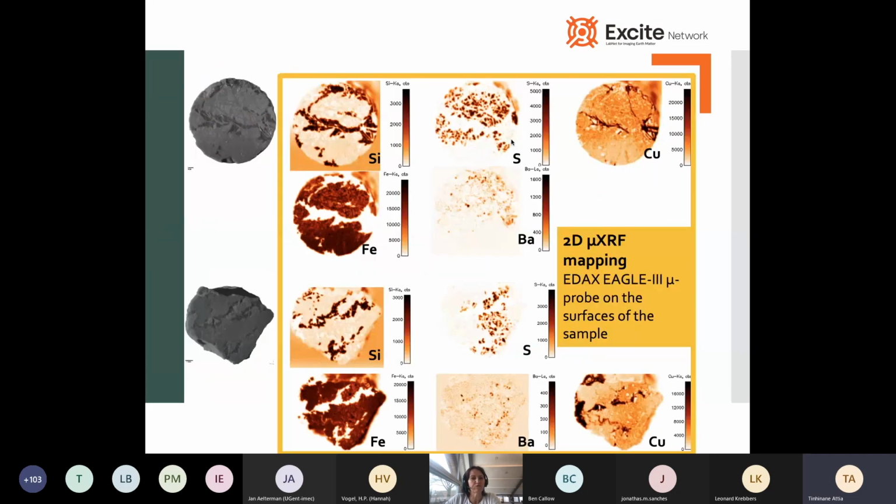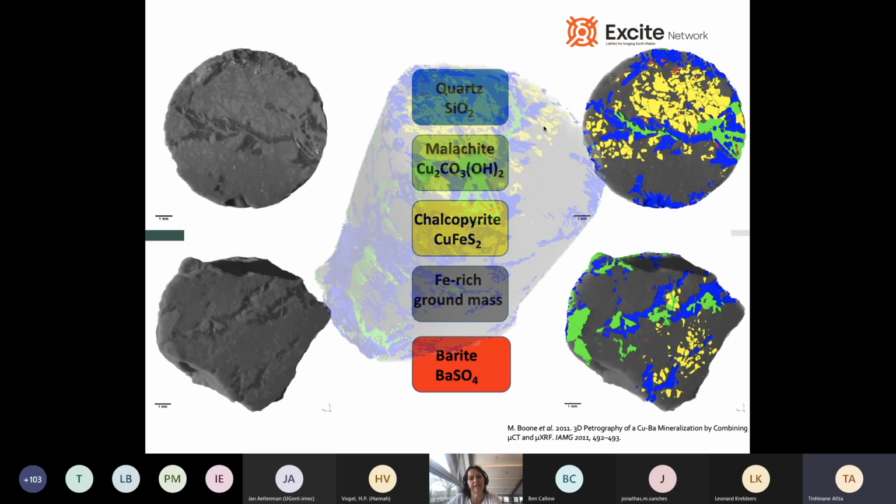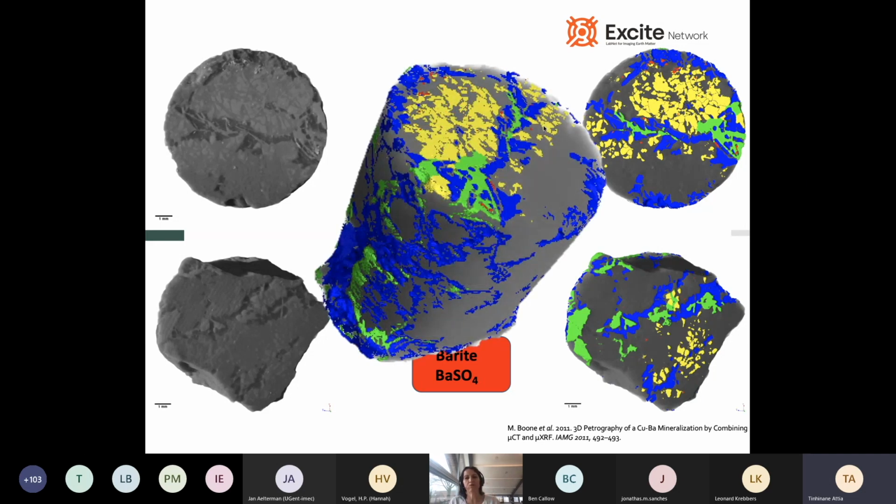Similarly, this was done for a few samples. On the left you see the CT scan, on the right you see the mapping of the different elements, and then you can have a kind of chemical information. We always linked the gray values with the chemical information from XRF and then have a kind of estimate.